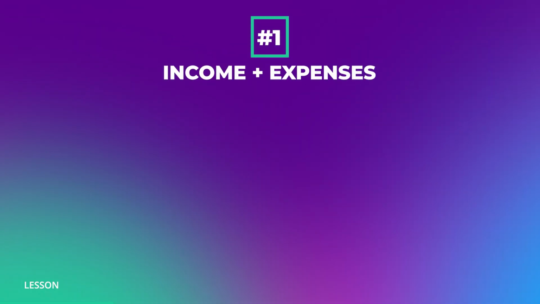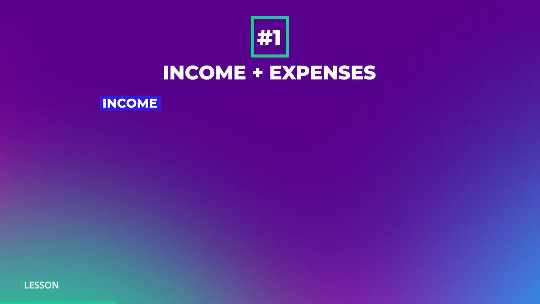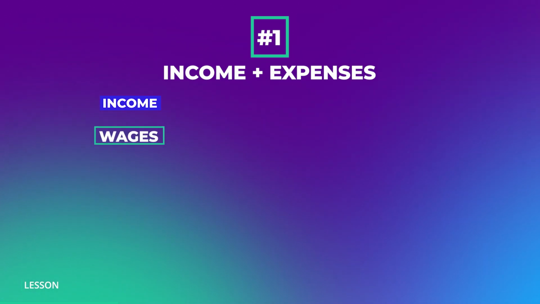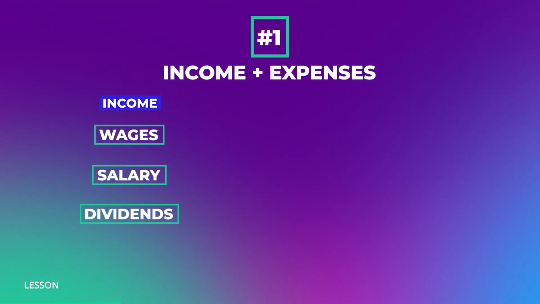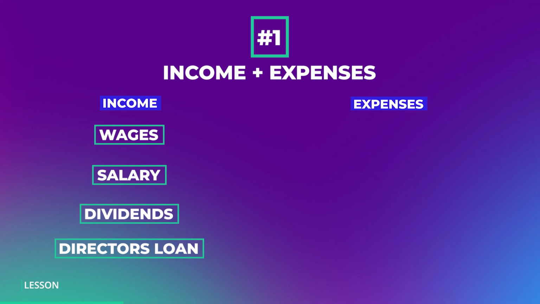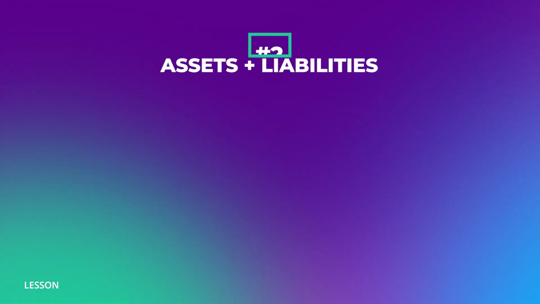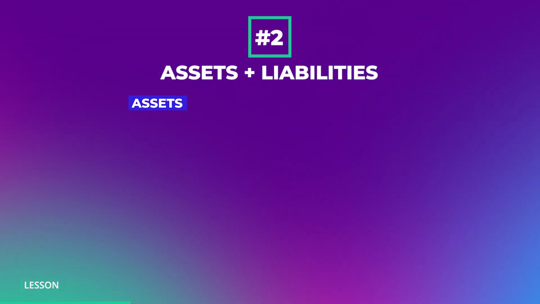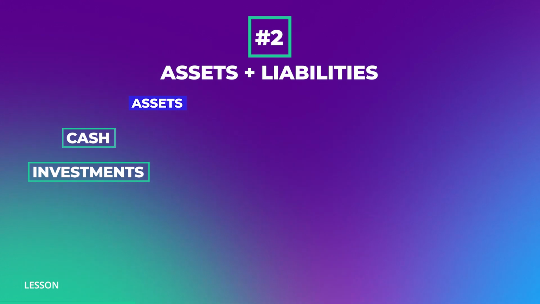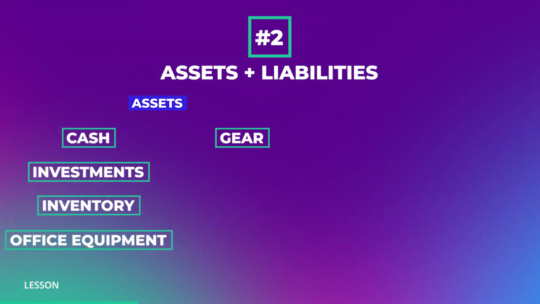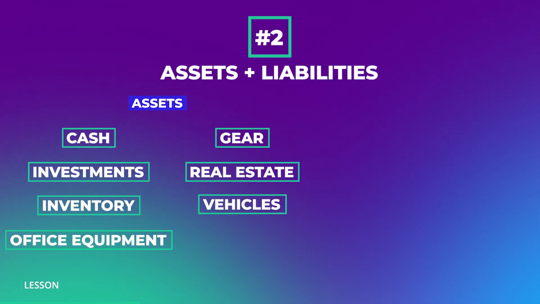Number 1, income and expenses. Essentially, your income, which typically includes your wages, salary, dividends, director's loans, etc., and your expenses, which are your personal and business expenses. Assets and liabilities. Assets are things that you own that have monetary value, like cash, investments, inventory, office equipment or gear, real estate, or any vehicles.